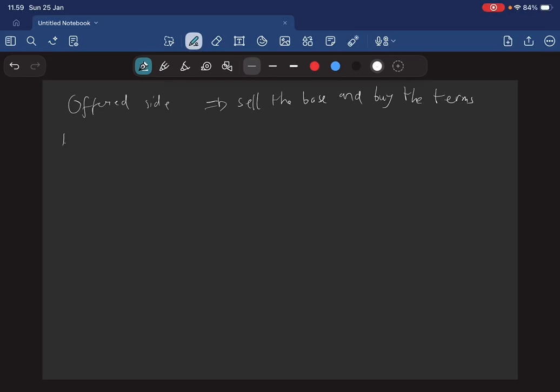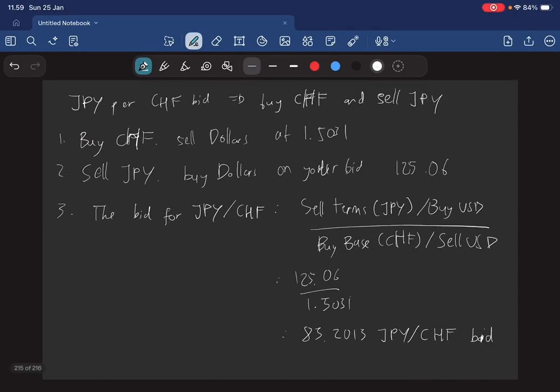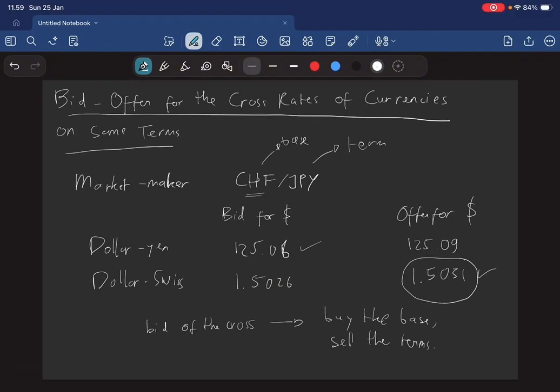So first, sell Swiss franc. From your perspective, you buy USD on your bid. So we buy USD at this one.